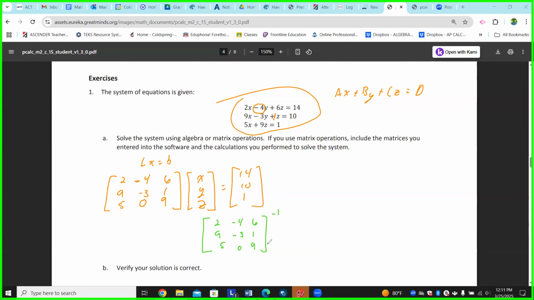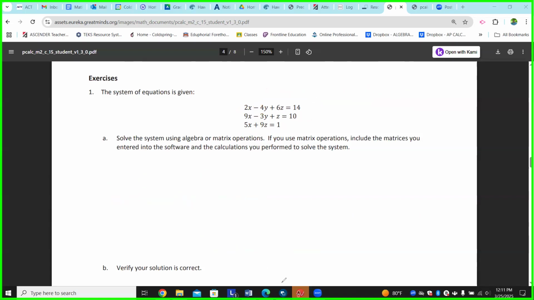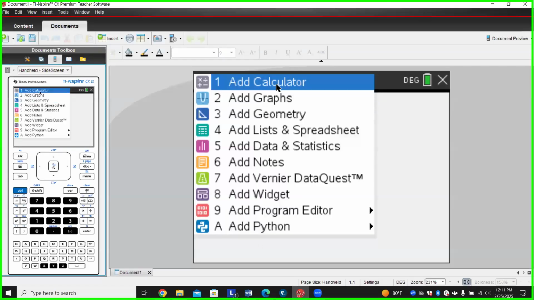Now, what's this inverse going to be multiplied to? The B. Very good. Here is the step-by-step version of the test. Remember to go to calculator.